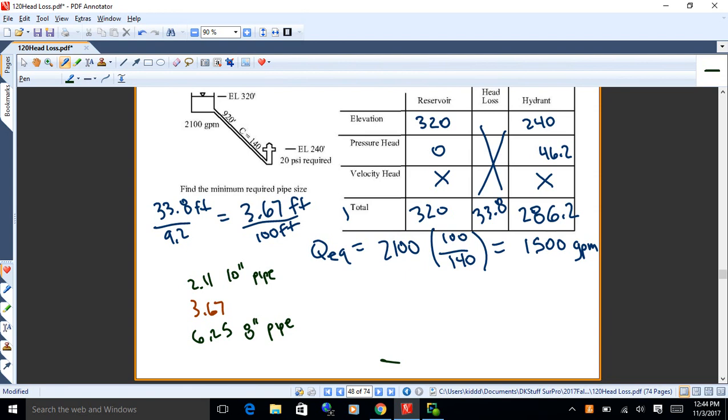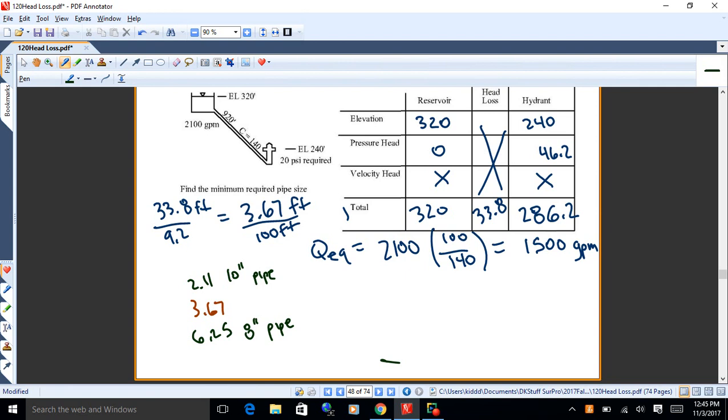And then if it's greater than what number? If it's greater than 3.67, you've got too much head loss. So you can't use that. Okay. But this one is 3.52. Well, we're at 1,500 gallons. Yeah, what does it say? Okay, it says 2,100, but C is 140.